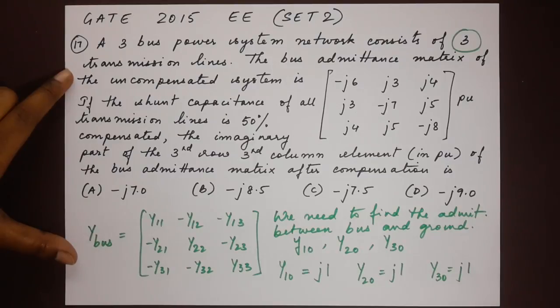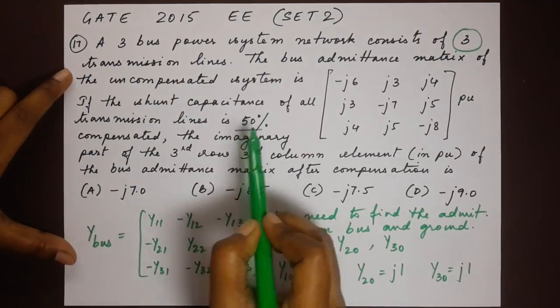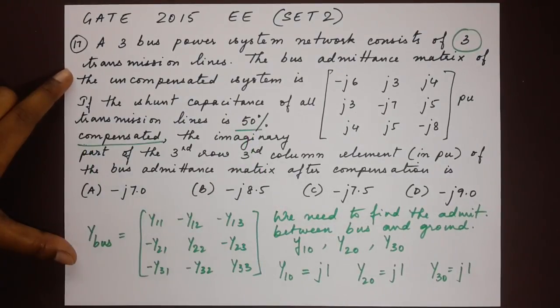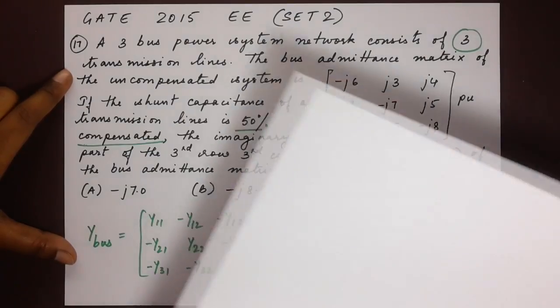Now the question says that all shunt capacitances are 50% compensated here. Because they are 50% compensated, that means the values of Y10, Y20 and Y30 become half of it. In other words, it's 50% reduced. So let me write that down here.